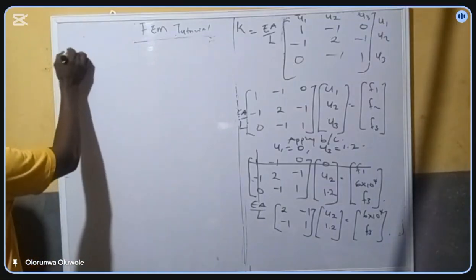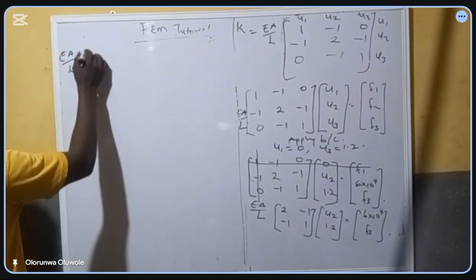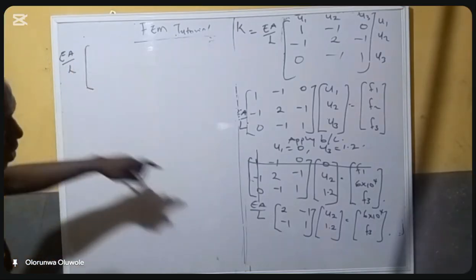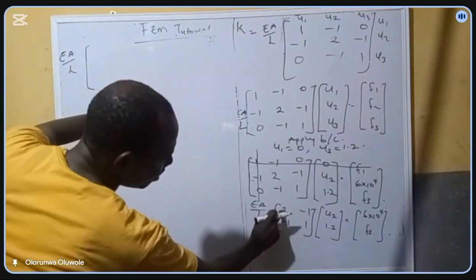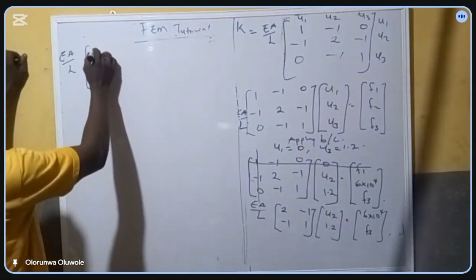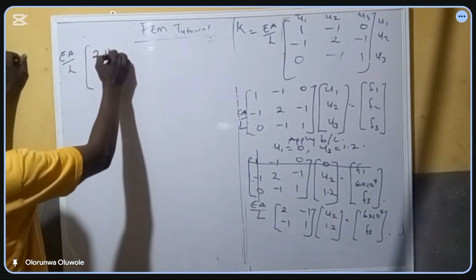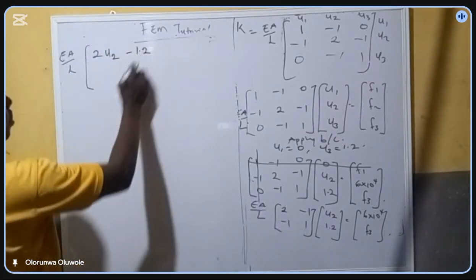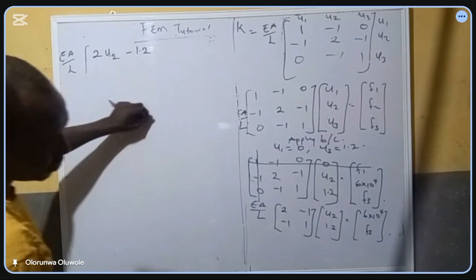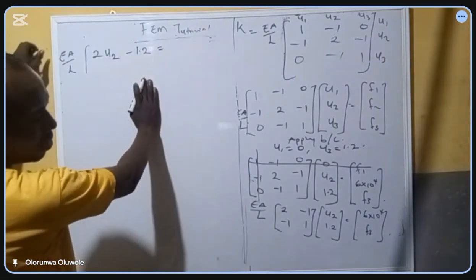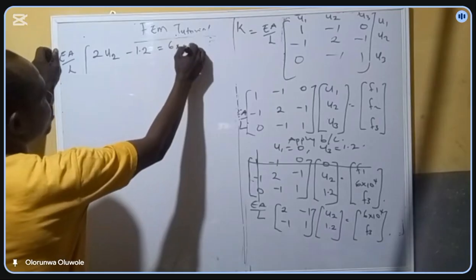Let's put E over L. So for this one, that will be 2 times U2, so 2U2 minus 1.2, equals 6 times 10 to the power 4.